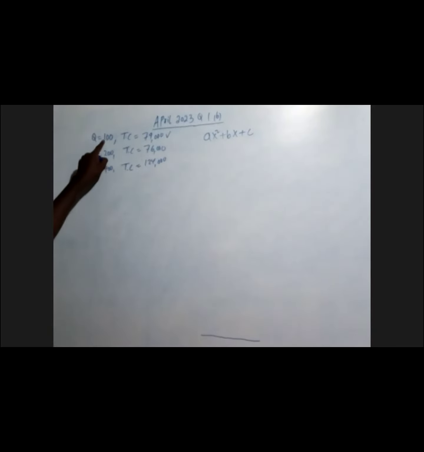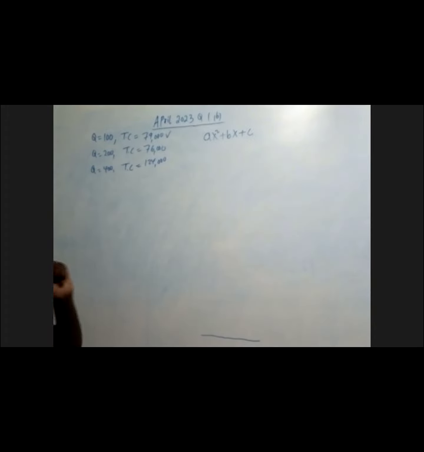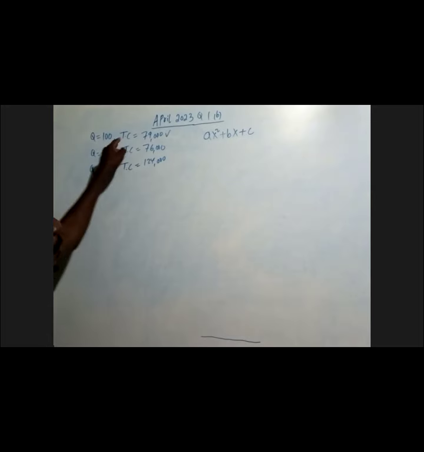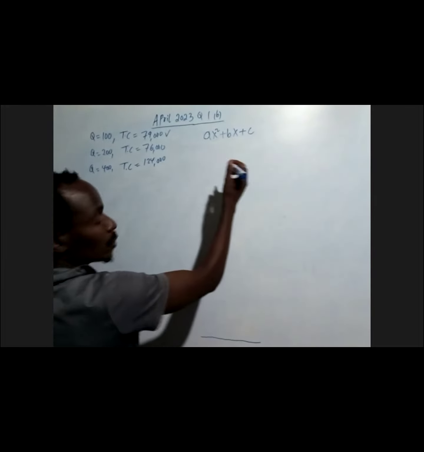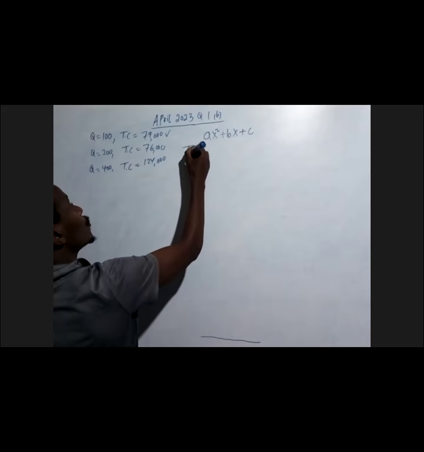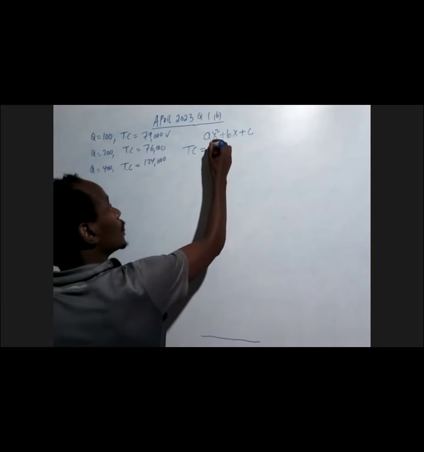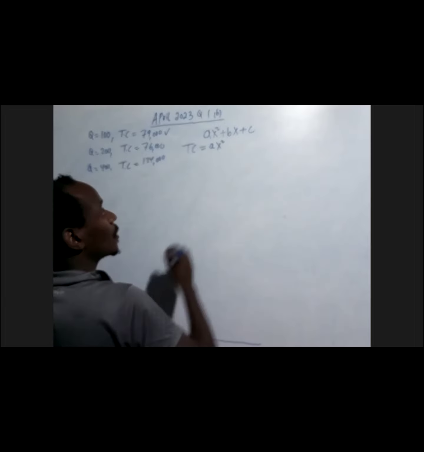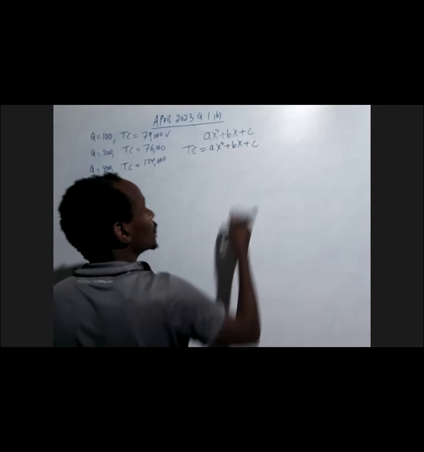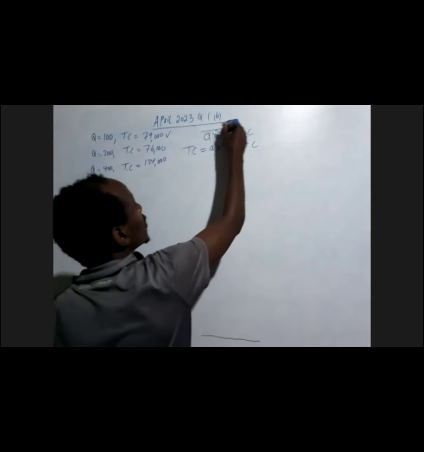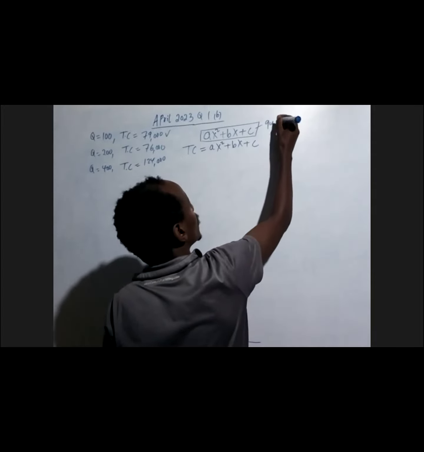When Q is 100, our total cost is 79,000. So you want to use this information to put it here. We say total cost equals Ax squared plus Bx plus C. Remember, this is the general format for a quadratic equation. That's why I'm using that one.